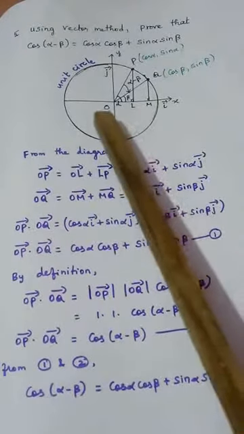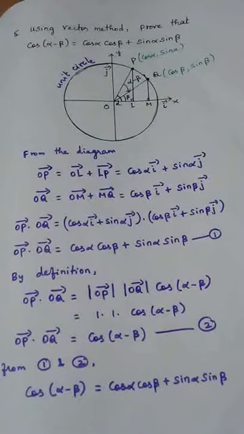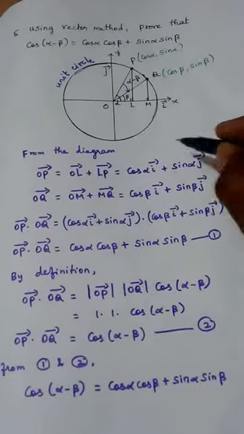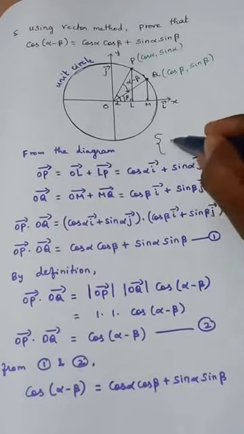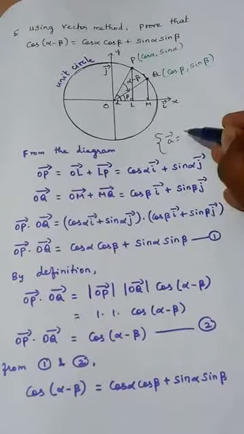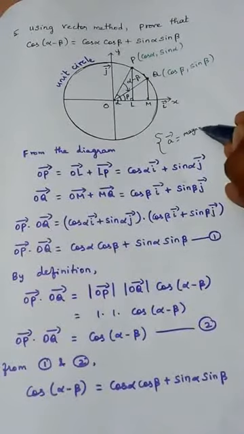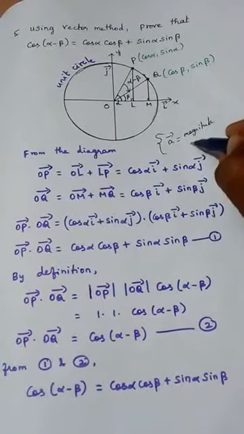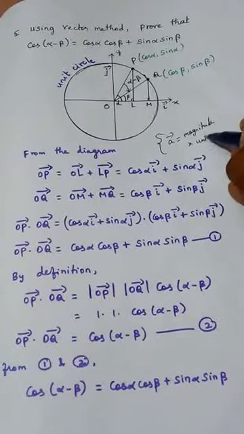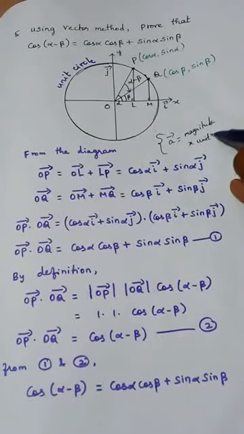Before that, any vector can be written as the product of two things. Any vector A can be written as magnitude into unit vector.